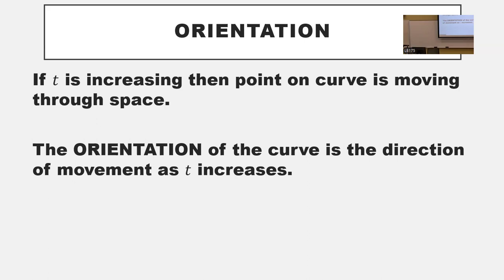That makes sense? So as t gets larger, how are we moving along the curve? It could be left to right if we have a line. Could be right to left if we have a line. If we have a circle, then our movement would be either clockwise around the circle or counterclockwise around the circle. We could be moving from higher to lower, from left to right, all those types of things.